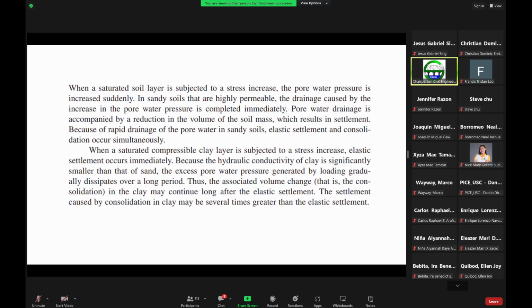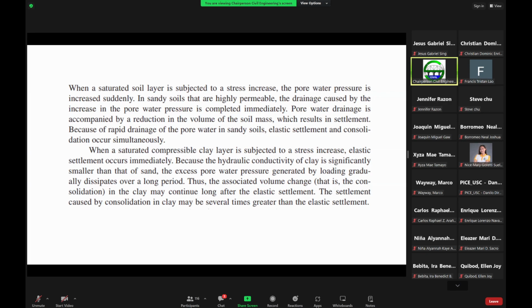When a saturated soil layer, take note, we are referring to soils below the groundwater level, is subjected to a stress increase because of the loads from your foundations or from structures or from equipment loads, such as live loads and some dead loads, then the pore water pressure is increased suddenly.